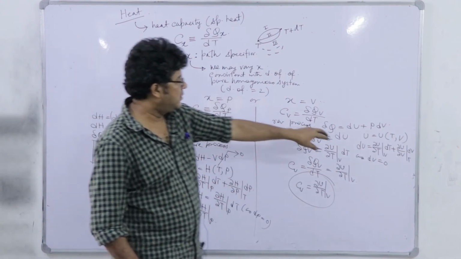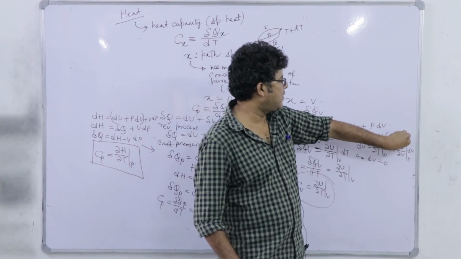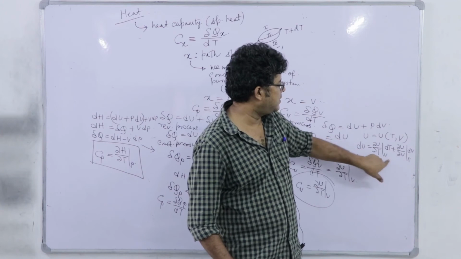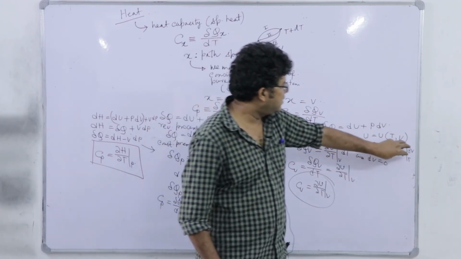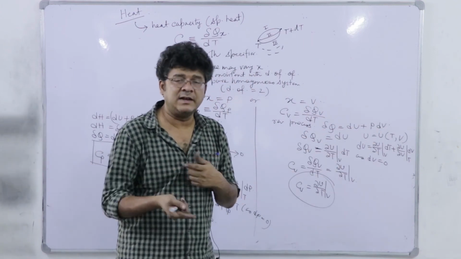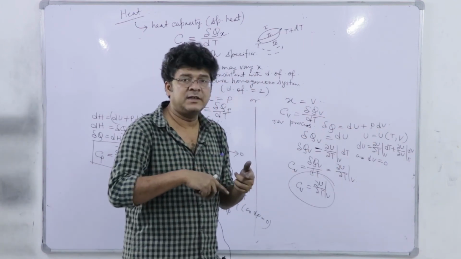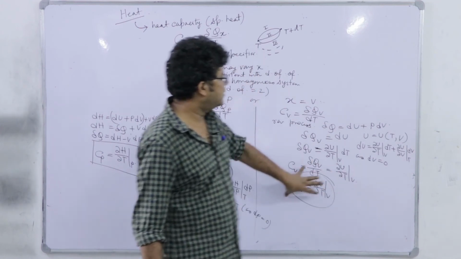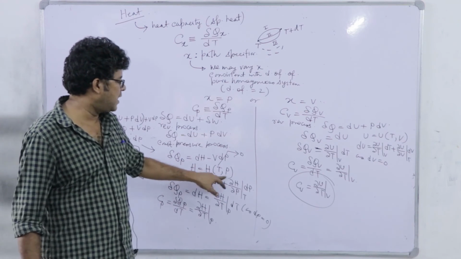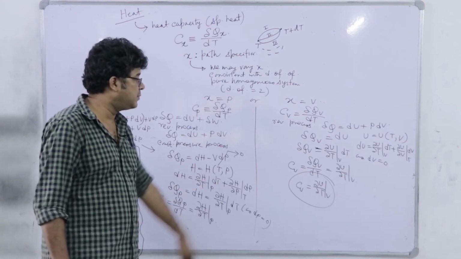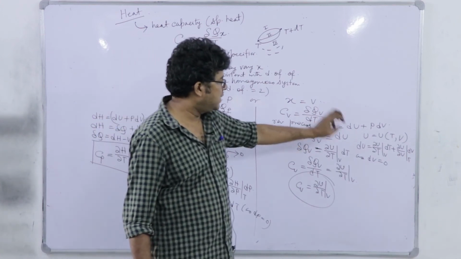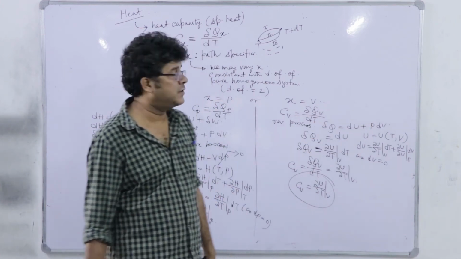And if we had considered U to be a function of T and P, there would be a complicated mathematical expression, and finally we would have to reduce P in terms of V. So we have considered enthalpy as a function of temperature and pressure to justify this specific heat definition, and internal energy as a function of temperature and volume.